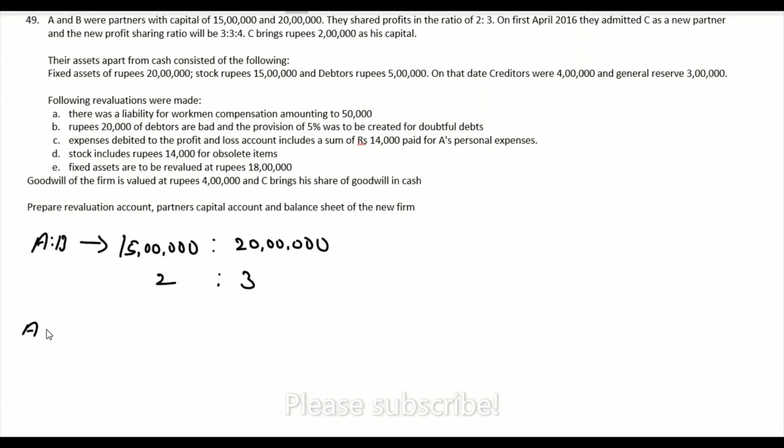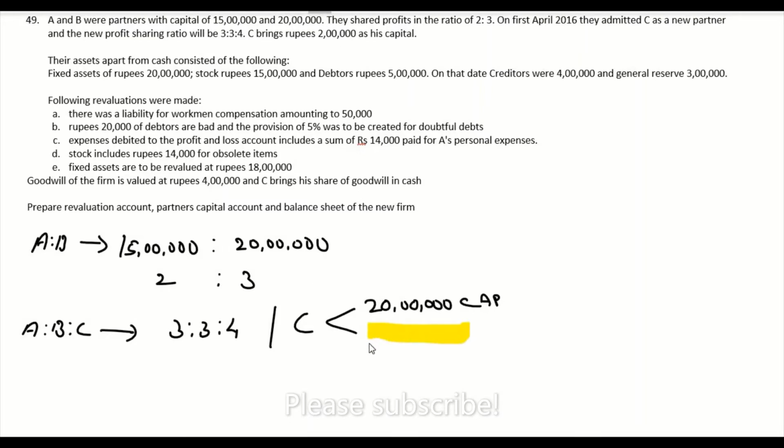They admitted a new partner C, and after that the profit sharing ratio became 3:3:4. C is going to bring a capital of rupees 2 lakhs and he is supposed to bring his share of goodwill in cash. That is not given in the question, we need to calculate it.